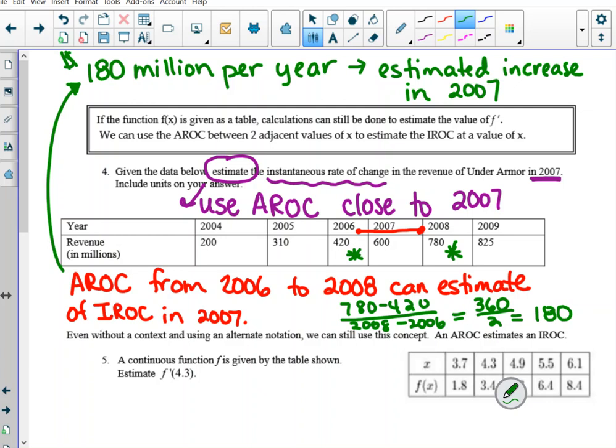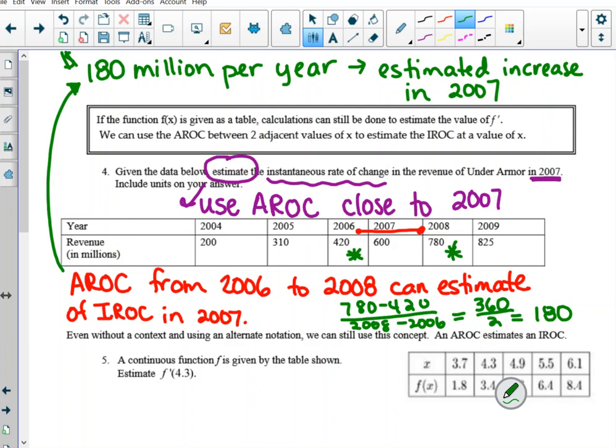From 2006 to 2008, it's increasing at about 180 per year. So if I wanted to say, well, what's happening in 2007, we could say it's probably increasing at about 180 per year at that point. The slope across that point in time can estimate what's happening at that point.